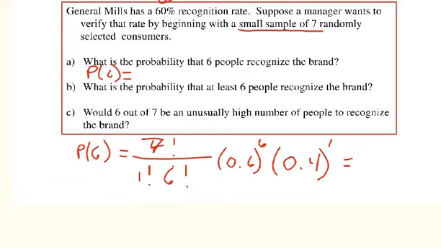Now plugging all this into the calculator gets us 0.131 probability that 6 people recognize the brand.